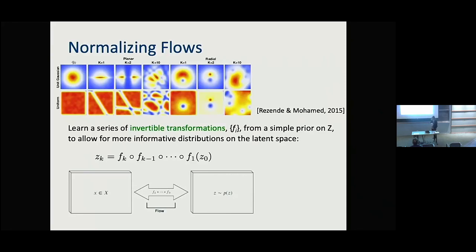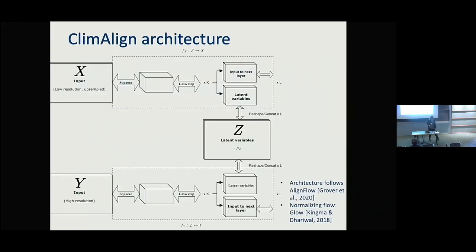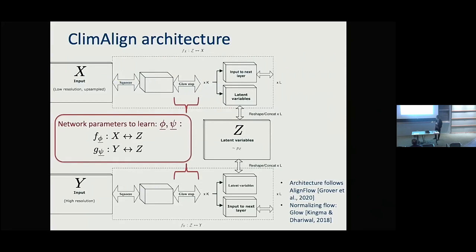So the punchline is that we're going to learn a normalizing flow between this joint latent space Z and one resolution, and similarly for the other. That's what this whole aligned flow architecture does. The only learnable parameters of interest are these flows, which are a bunch of parameters so that you can get these invertible mappings between coarse resolution and latent, fine resolution and latent.